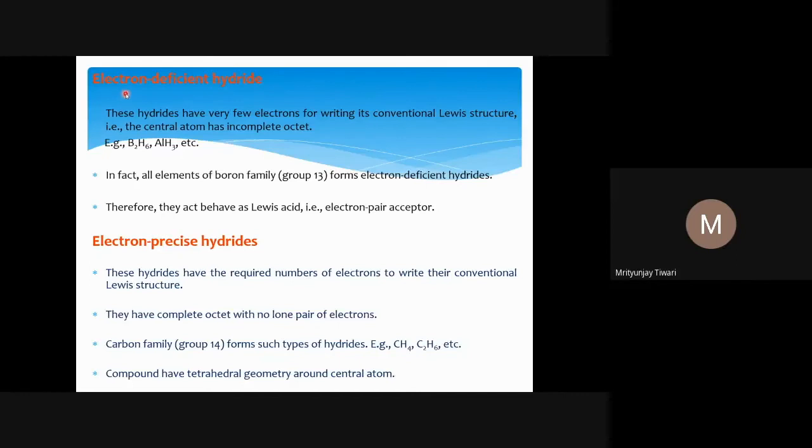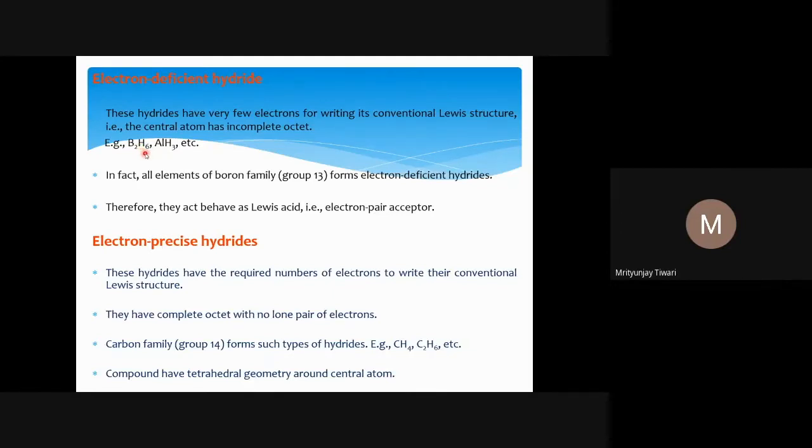Electron deficient hydrides. These electron deficient hydrides have very few electrons for writing the conventional Lewis structure, which we have seen in chemical bonding. In the conventional Lewis structure, the central atom has an incomplete octet. Even if you do not remember the Lewis dot structure, what you can see simply is that the octet of the central atom is not complete.